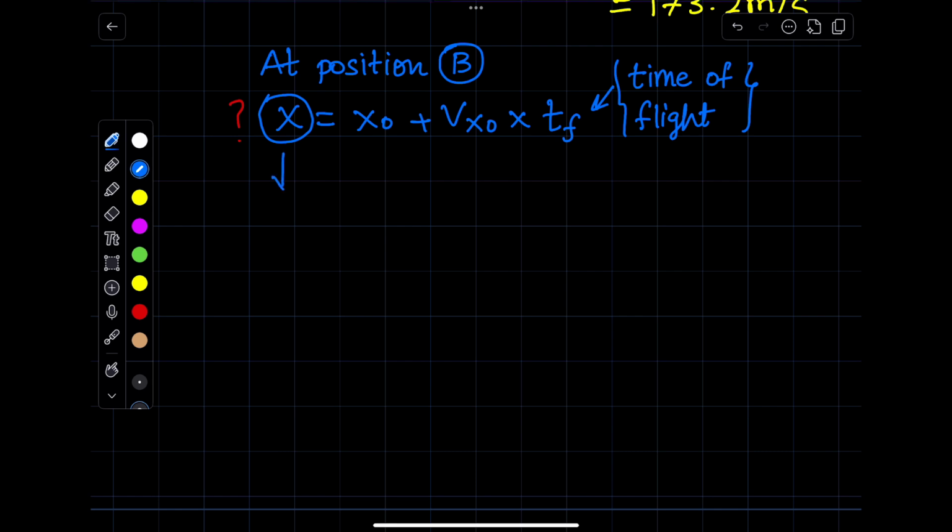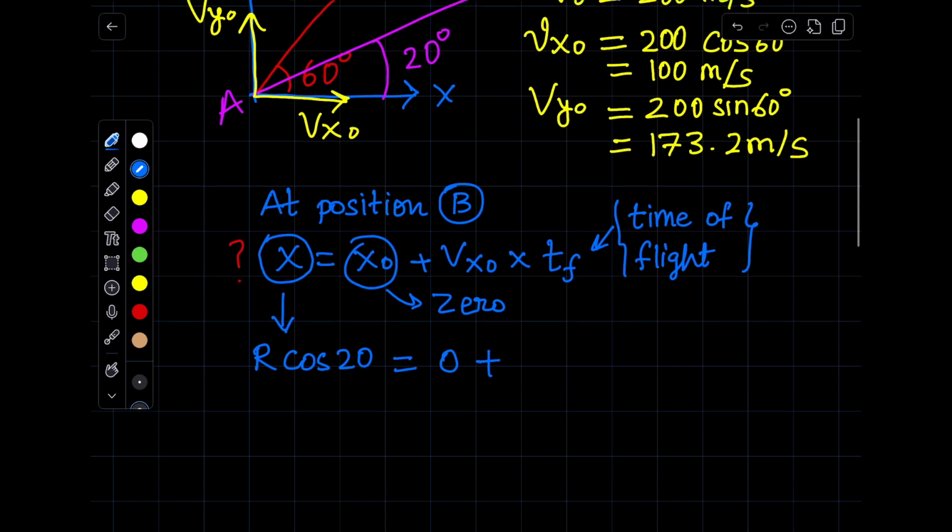Now put the values for the x, which is R cos 20 is equal to x naught, which is initial range. X naught is usually 0 and similarly 0 in this problem, plus the initial velocity in x direction we have just calculated here, that is 100 meter per second, multiplied by the time of flight.